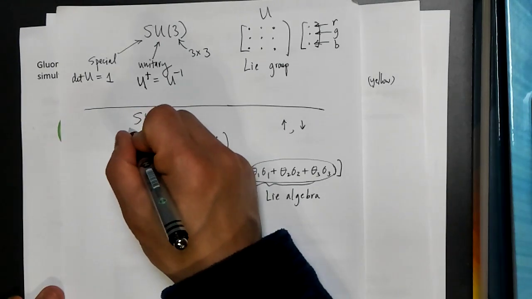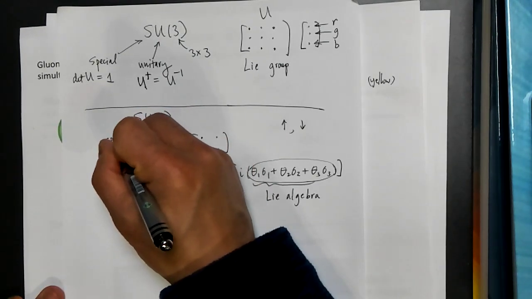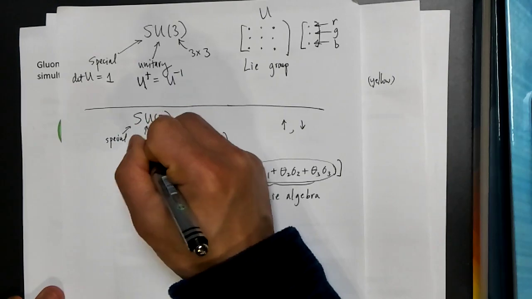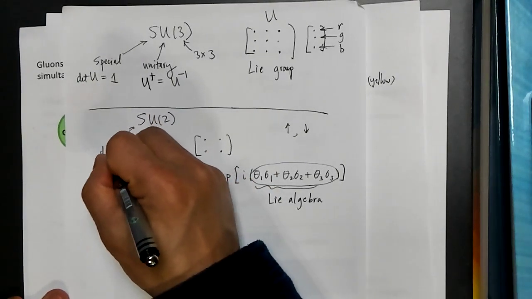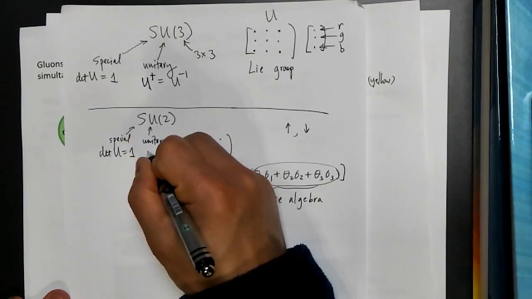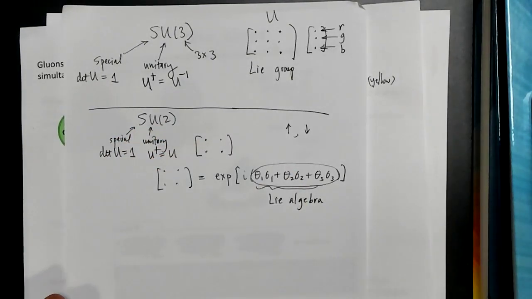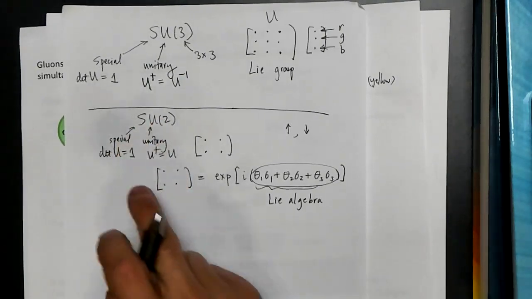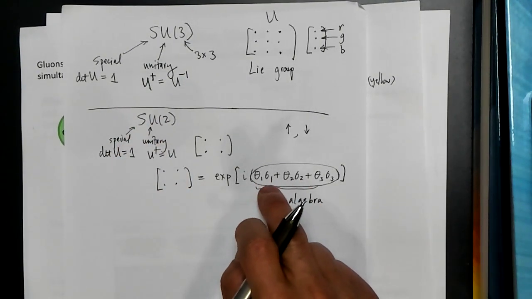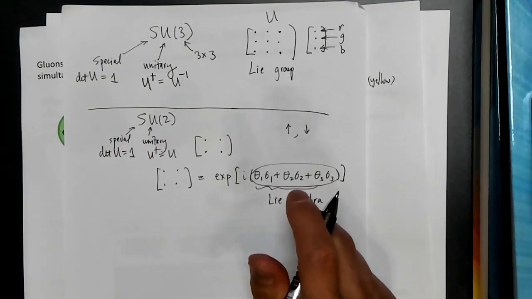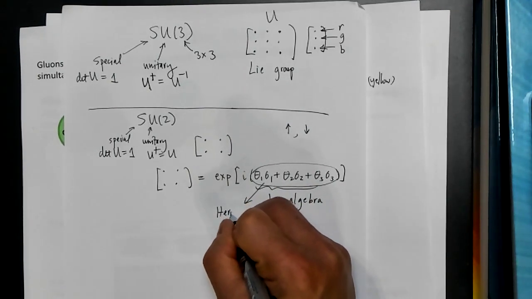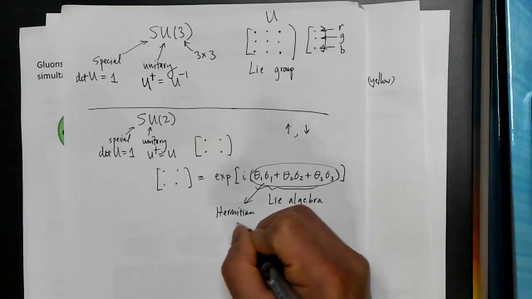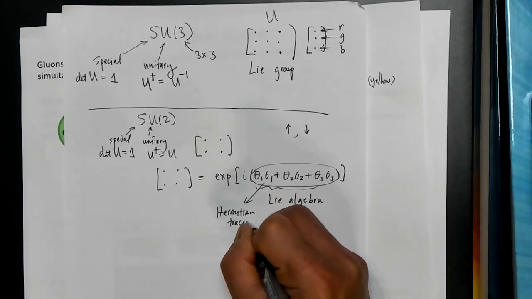And remember, this is again the special unitary 2 by 2 matrices, and the fact that it's special means that the determinant is equal to 1. Okay, and to make the determinant equal to 1, it turns out that the matrices here have to be Hermitian and also trace 0 or traceless.